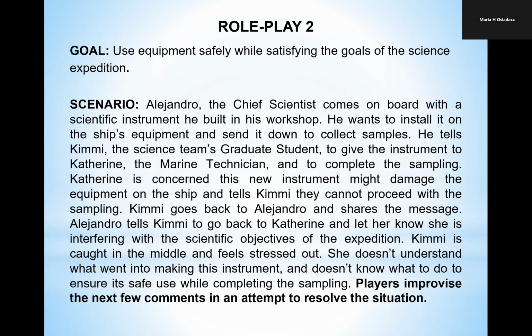And they're like, oh, I'm going to kill somebody. They'll probably start reconsidering their stance. And if the marine tech is truly trying their best, or offering ideas of how they can get it incorporated into the system, then the chief scientist will appreciate that. Even if it doesn't work, they'll appreciate the intent and then come back to the ship next time with a better plan. Excellent. Thank you.